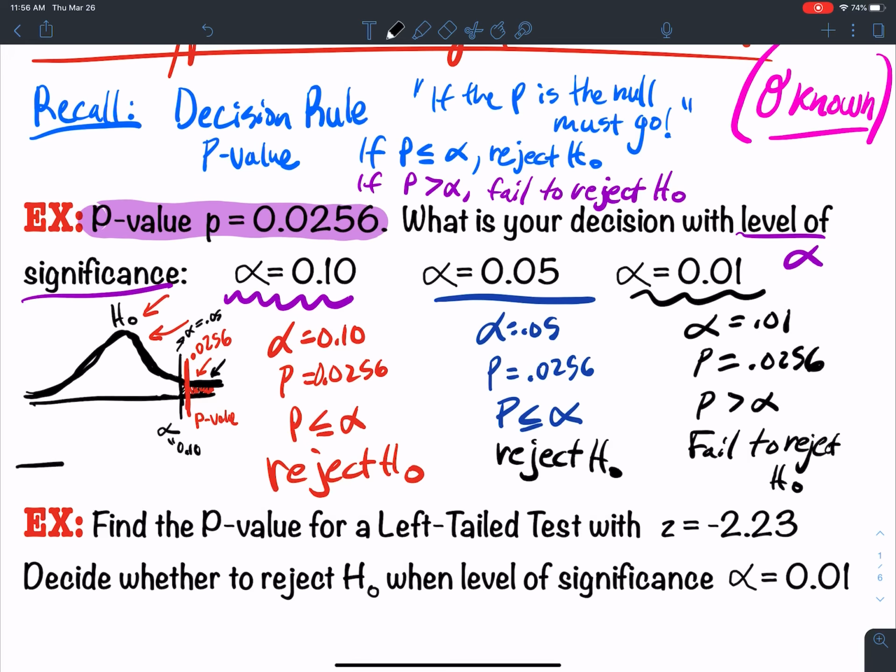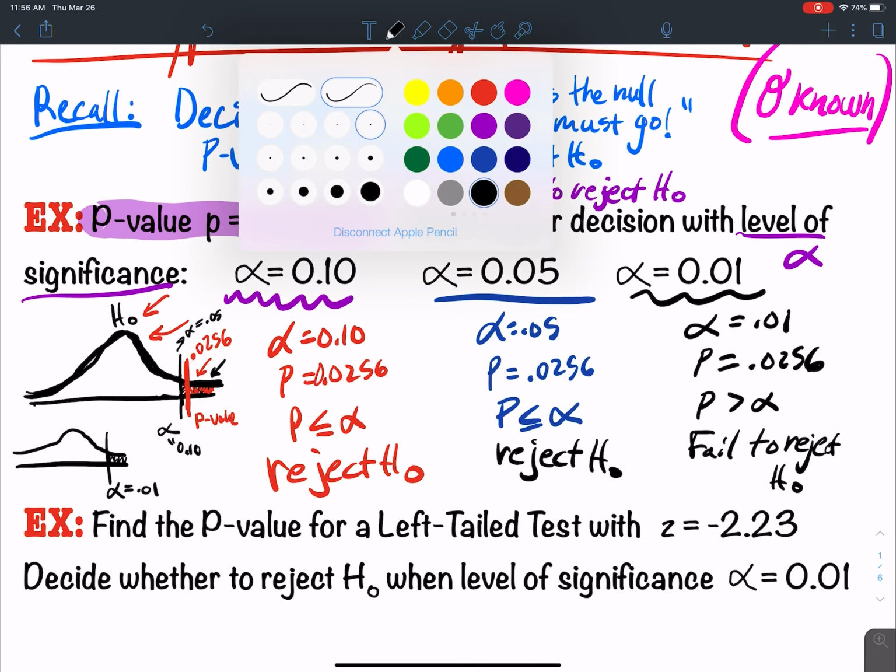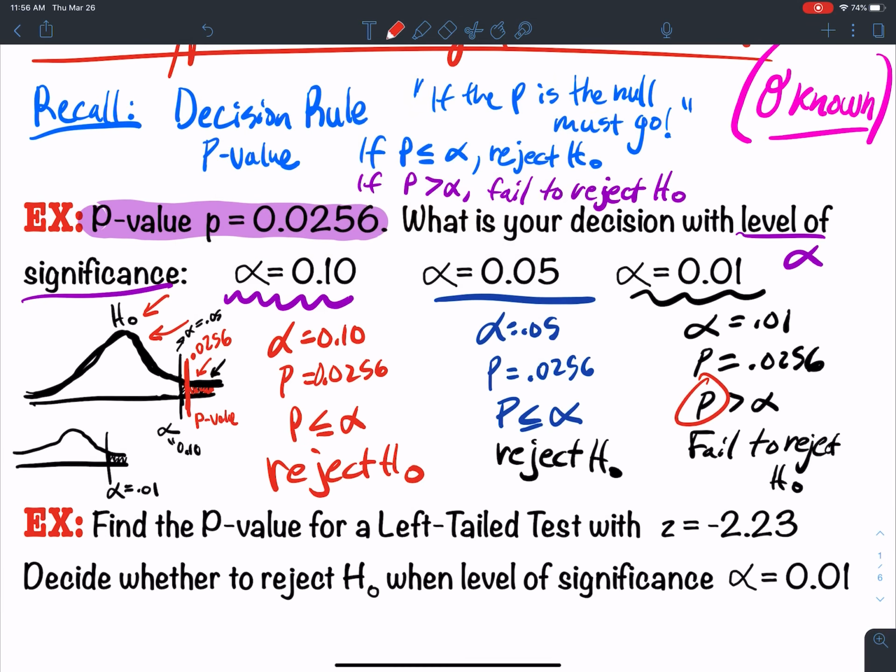When I look at this in a picture, here's my alpha, 0.01. My p-value is greater than the alpha value, so that means that p is over here.